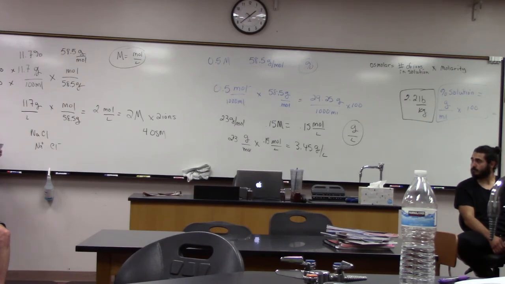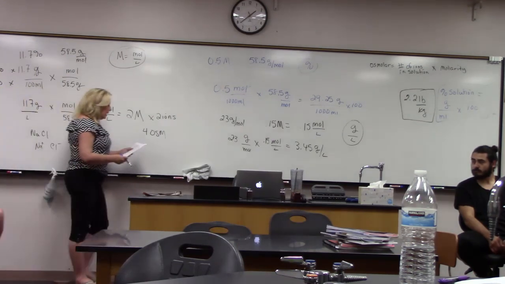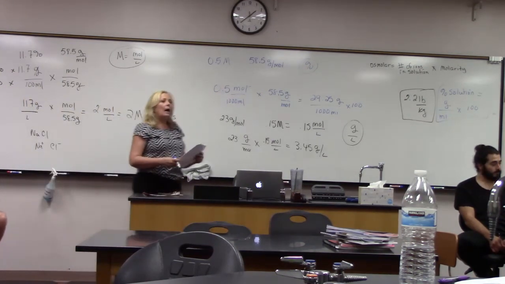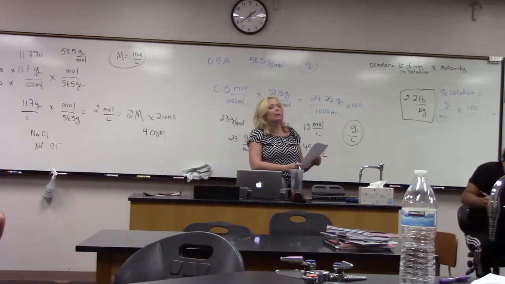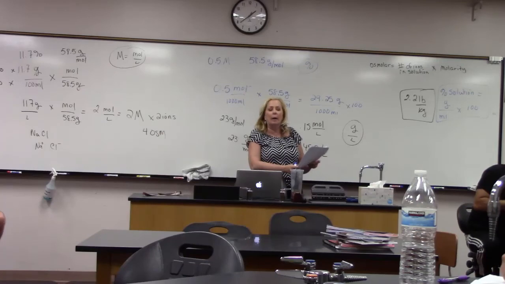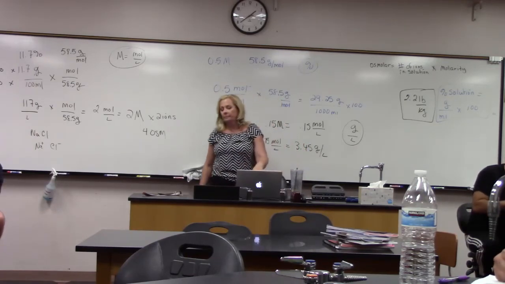Okay, so here's another one I want you to work on. I want you to tell me what the osmolarity is of a 22% solution of calcium chloride. What is the osmolarity of a 22% solution of calcium chloride?